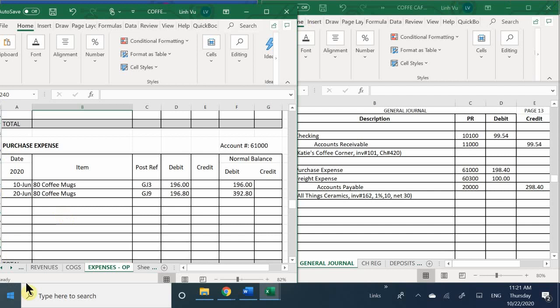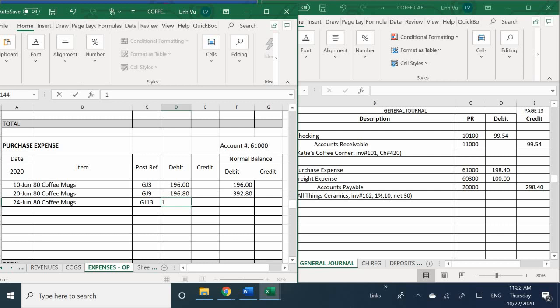The date is 6/24, and I believe it's for 80 mugs. General Journal 13, and the total, nope, not that one.